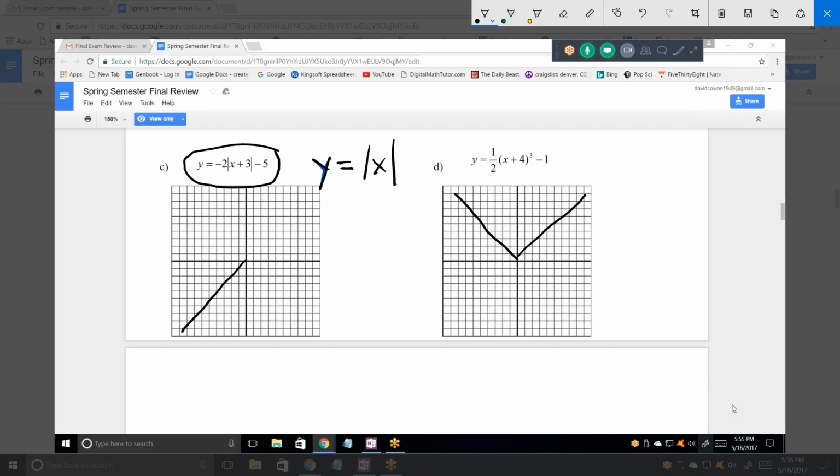Okay, now what we can do, these are shifts, that's a shift. So why don't we do both of those next, and then we'll apply the stretch factor. So you shift, well, to the left. I know that it doesn't make a difference, the order.